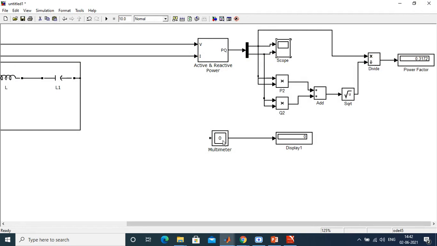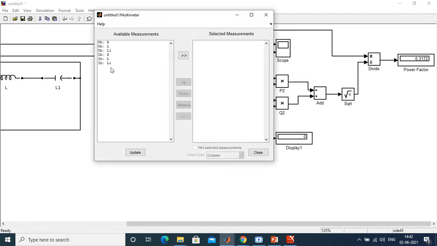Now coming to this here, in order to observe the current values and voltage values, you observe here the voltage across the R and the current passing through the R. Select these two.